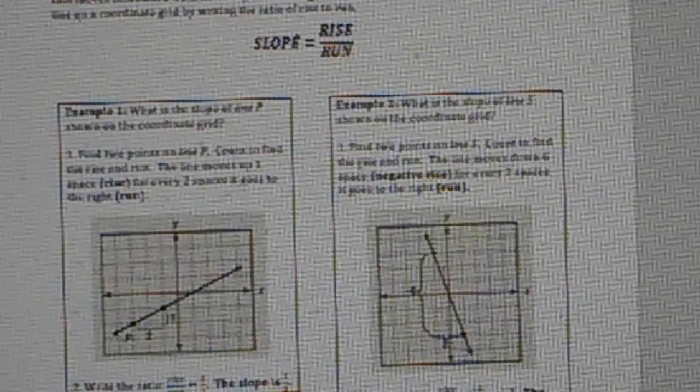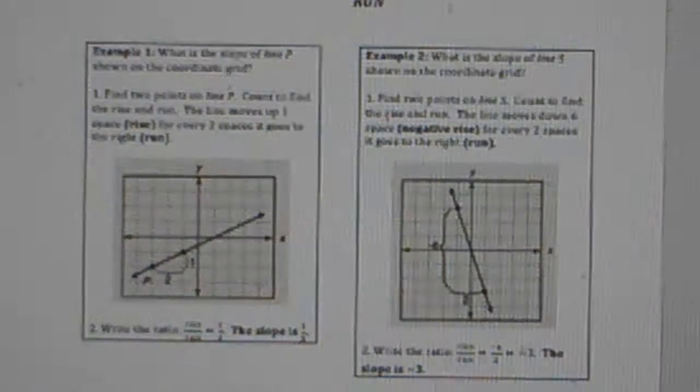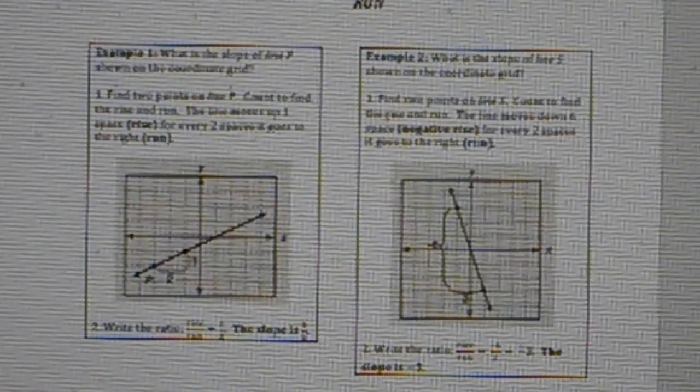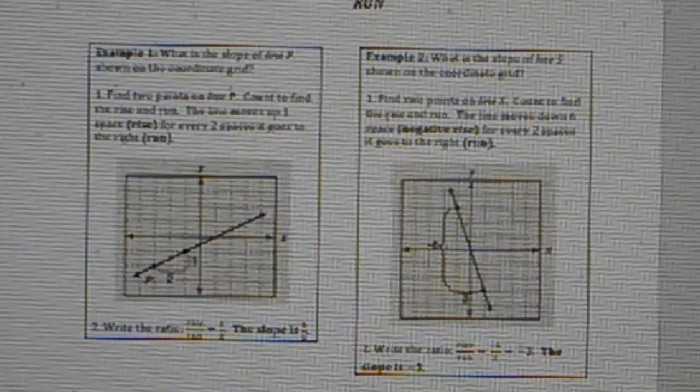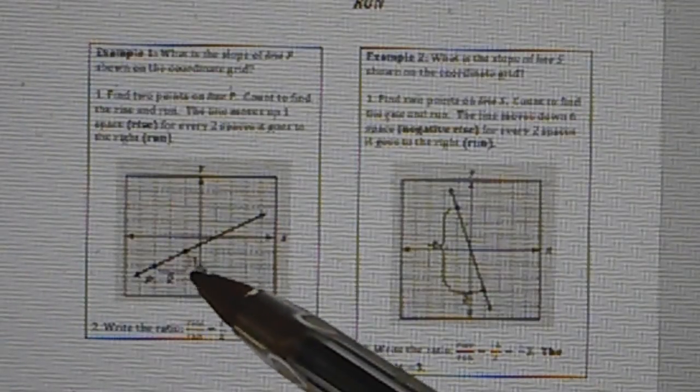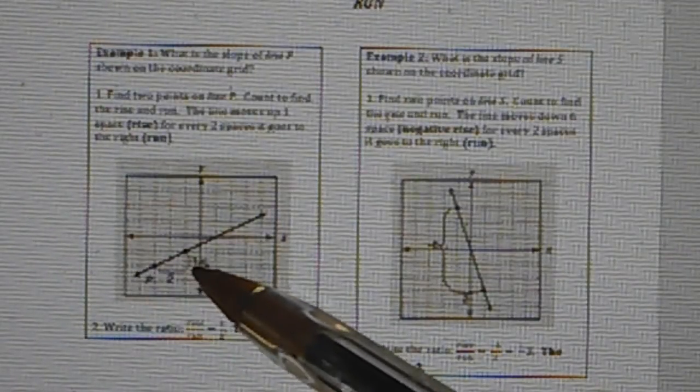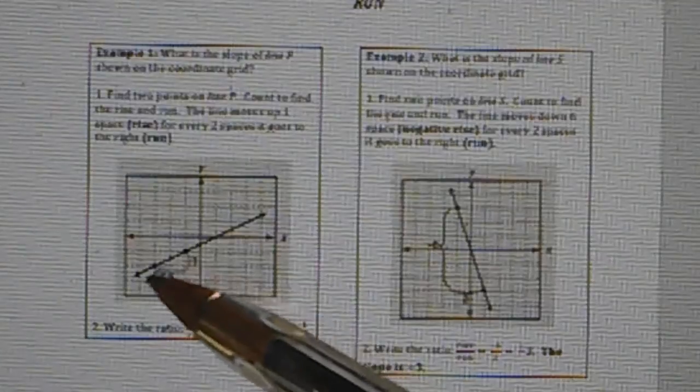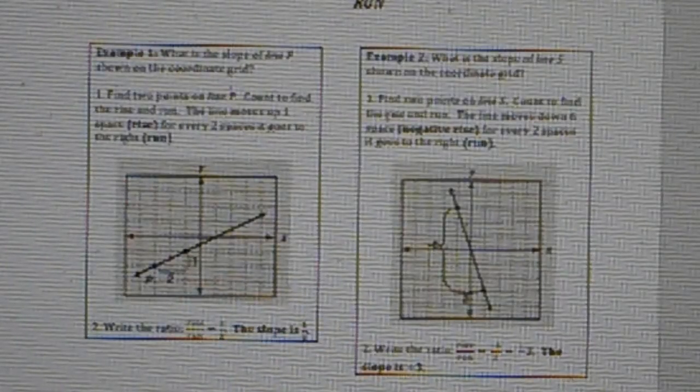So they find the difference in the y and the difference in the x. You can see in this example that they gave, the y increased 1, the x increased 2, and 1 divided by 2 is 1/2. So that would be a slope of 1/2.